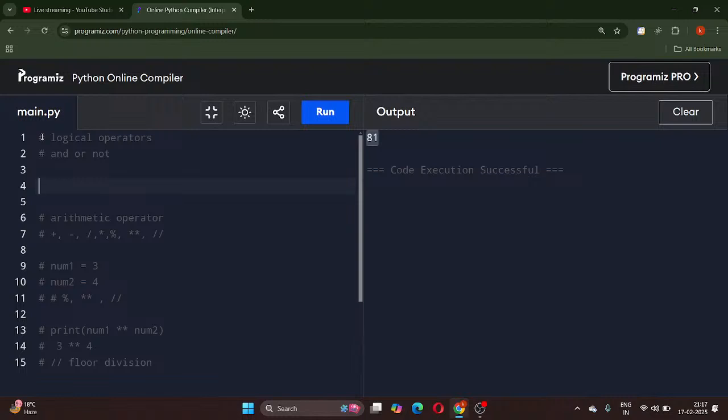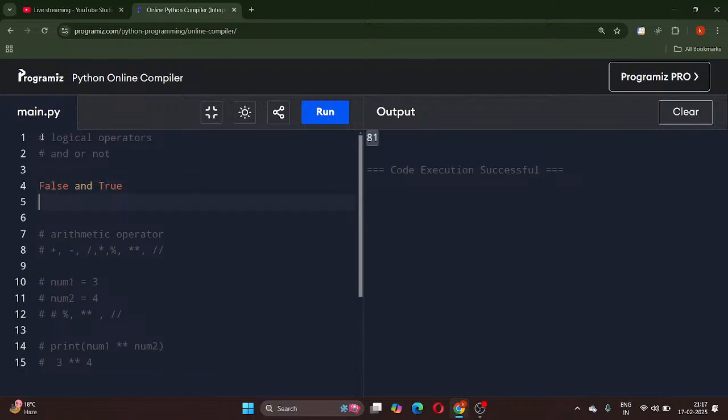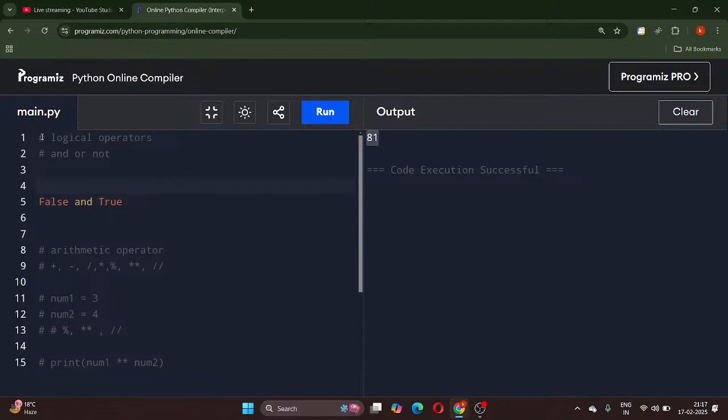For example, either you will say that the first input is false and the second input to this AND operator is true. This could be one set of the inputs that can be given to this AND operator. Another set of inputs could be that the first operand is false and the second operand is also false.